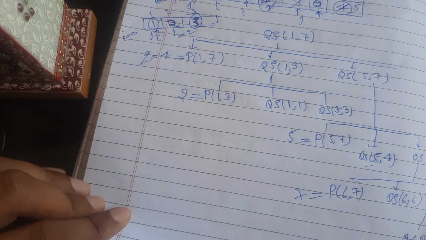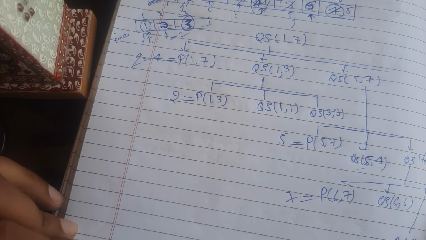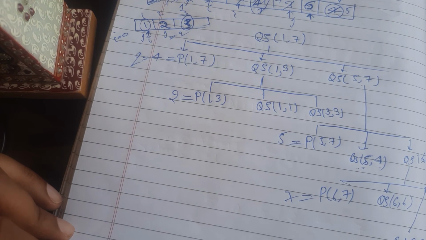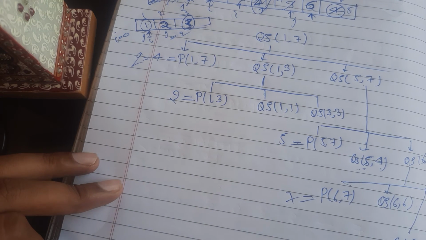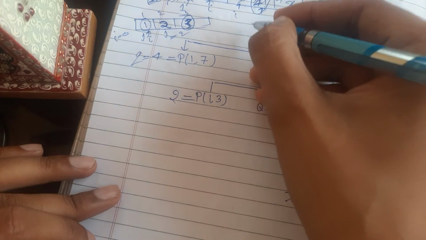So what is the space complexity of a quicksort? The height of the tree is equal to the space complexity of the quicksort. So how many function calls are available here?